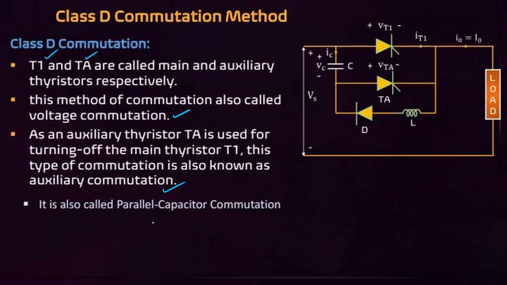It is also called parallel capacitor commutation. Why this name? Because by applying a negative voltage across the capacitor, connected parallel to the main thyristor, the thyristor will be turned off. It is also called impulse commutation, as I told already.